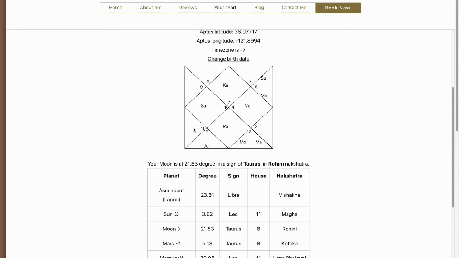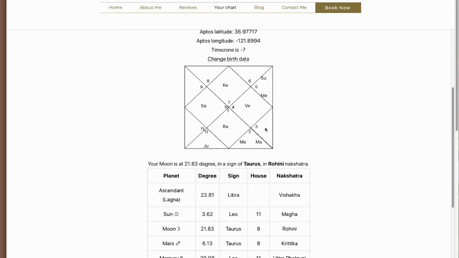This fifth house is occupied by the sign of Aquarius, number 11. Sixth house is occupied by Pisces, and Jupiter is placed in Pisces in the sixth house. Seventh house has Rahu in it, and it's in the sign of Aries. Eighth house has Moon and Rahu in it, and it's in the sign of Taurus.